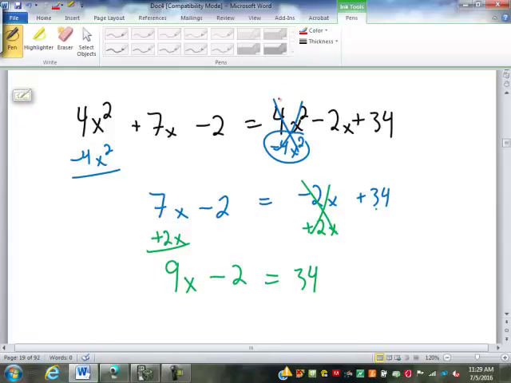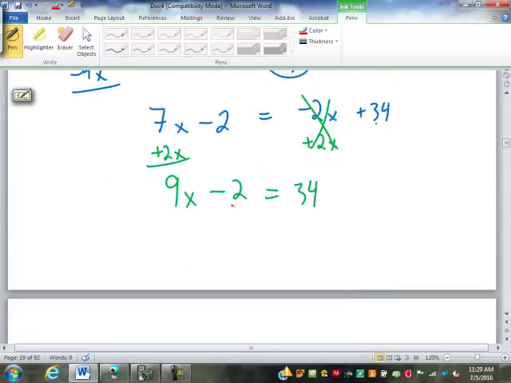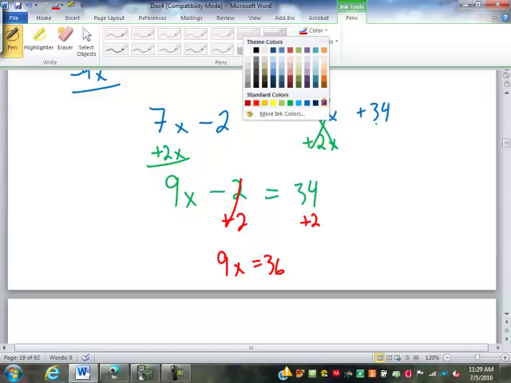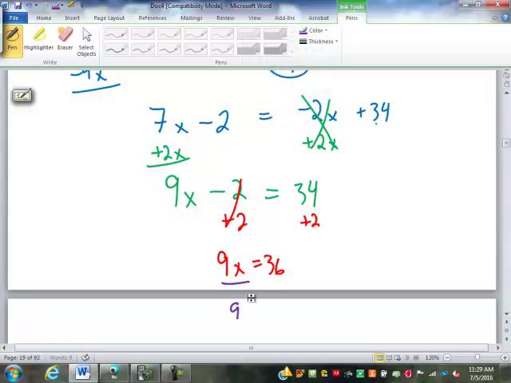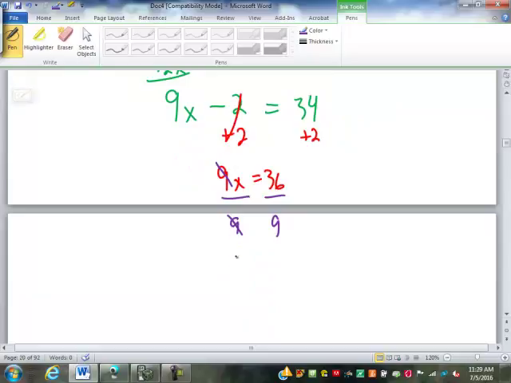Now what? Well, now we will add 2. 9x equals 36. And divide by 9. X equals 4. So just because the x squared is in there does not mean we cannot solve it. It just means it better cancel itself out before we get around to solving.